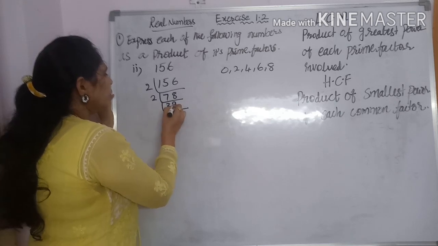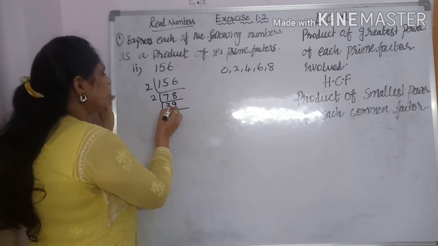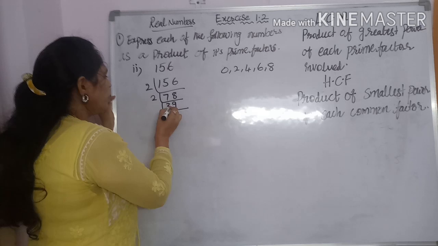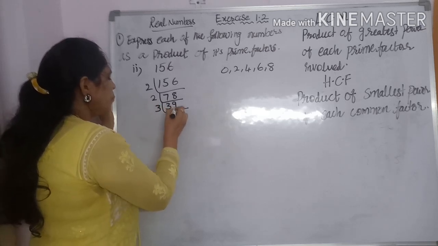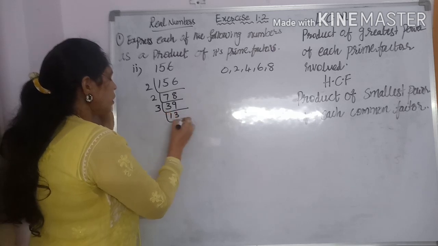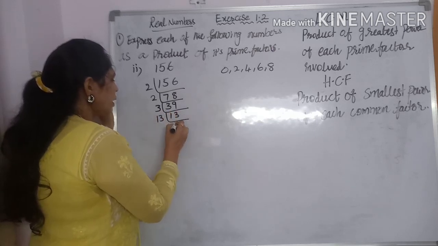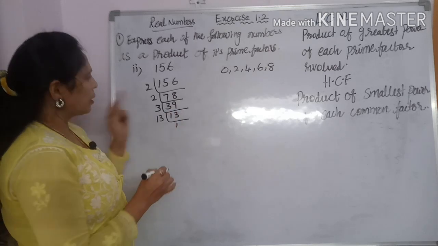Here 9 is there. So now you can take the 3 table. 3 3s are 9, 3 1s are 3. 13 is a prime number, you can write 13 1 times.